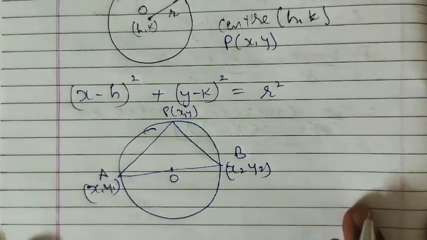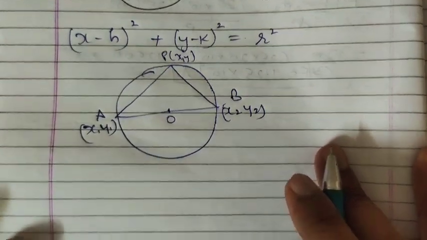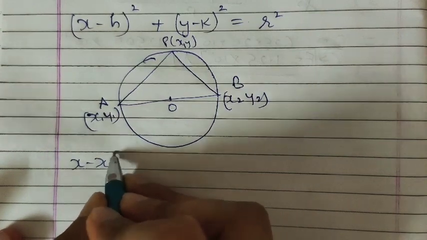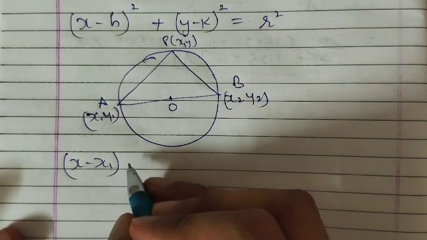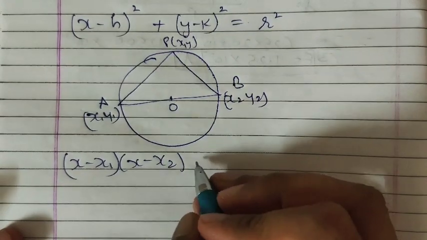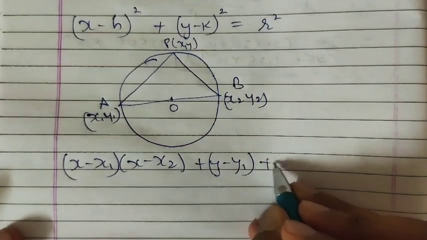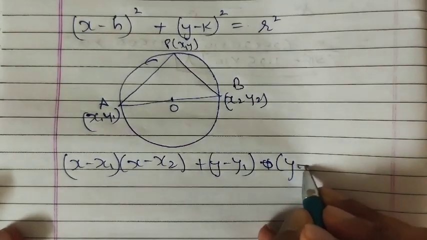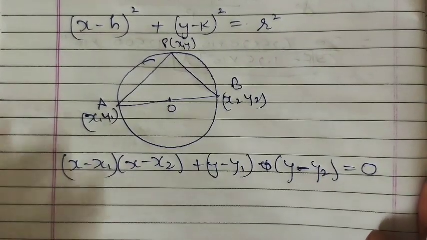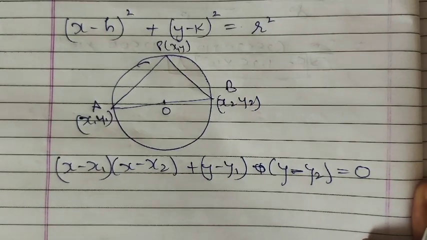So the equation of this circle is x minus x1 times x minus x2 plus y minus y1 times y minus y2 is equal to 0. This is the equation of a circle in which the end points of the diameter are given.